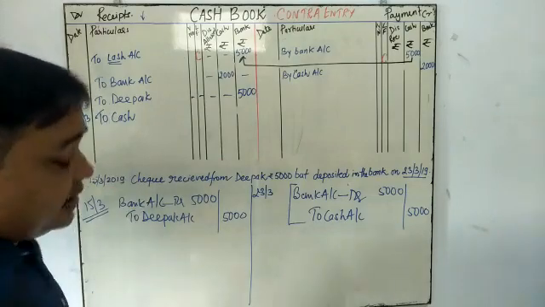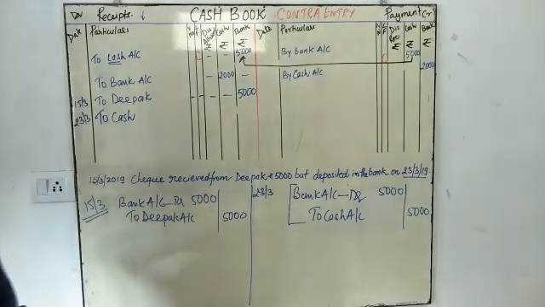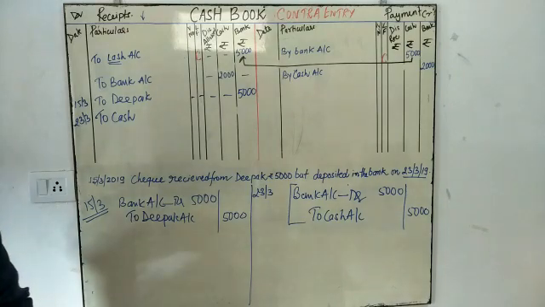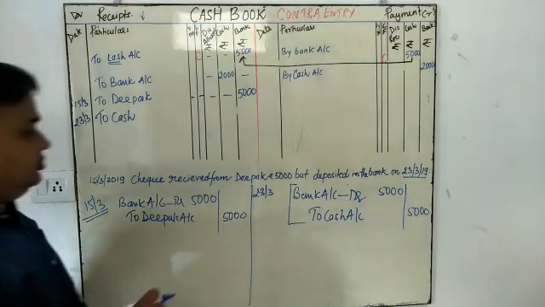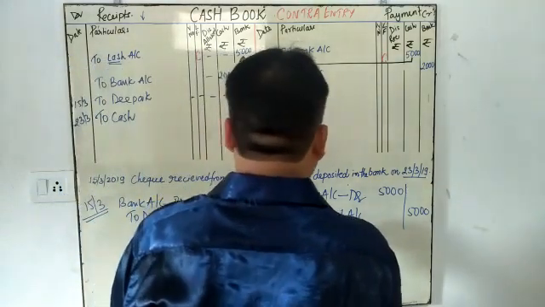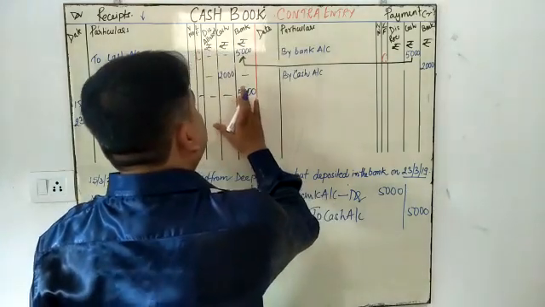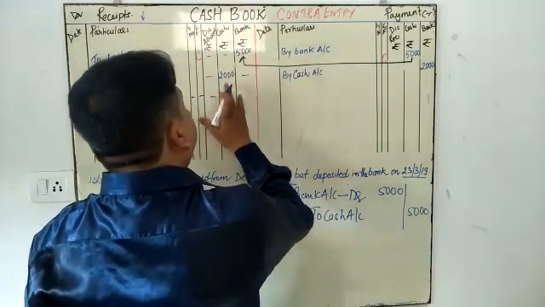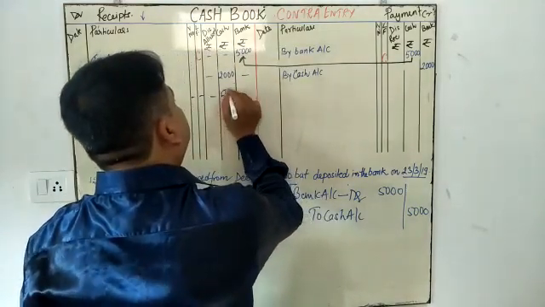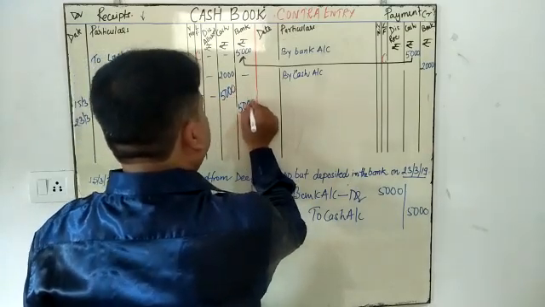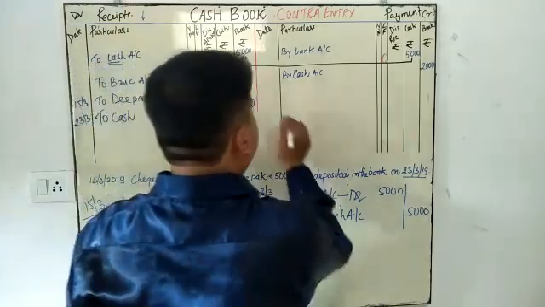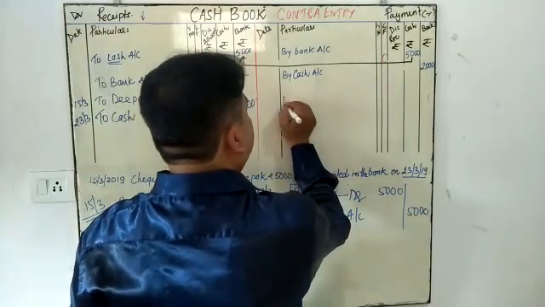To cash, and you will write on which side? To cash, you write on the bank side. Okay, so you will write on the bank side. Similarly here also, this side also.